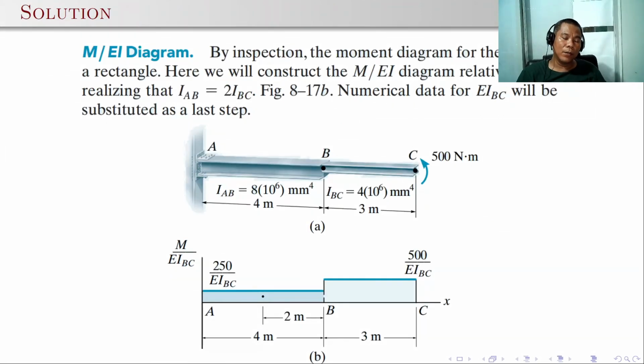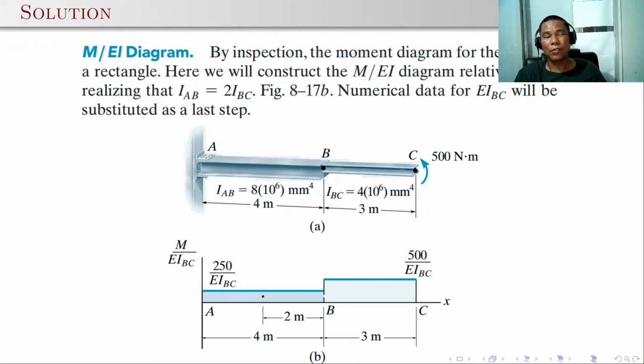Again, you can compute the reaction if you want, but since this is a cantilever beam, it's not necessary. You can just choose the fixed end, point A, as the fixed end portion using the method of superposition. Here we only have one couple, that is 500 Newton meter, with no other loading.